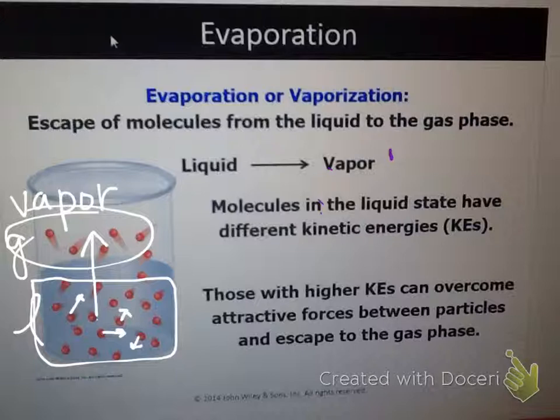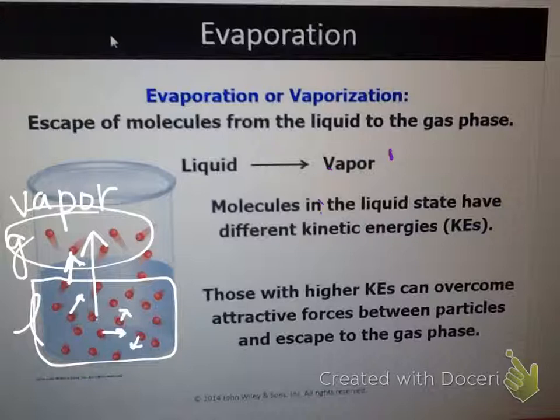If one of the particles that has a higher kinetic energy gets to the top of the liquid phase and it's headed out, it has the ability to pop out, kind of like popcorn popping in a vessel. It has the ability to pop with that energy out of the liquid phase, to escape into the headspace above, and that's how it becomes the vapor.